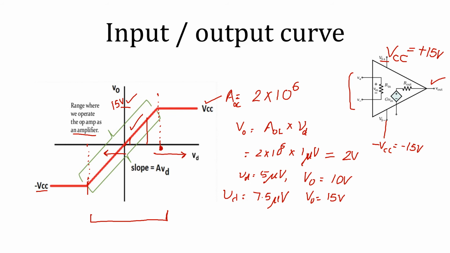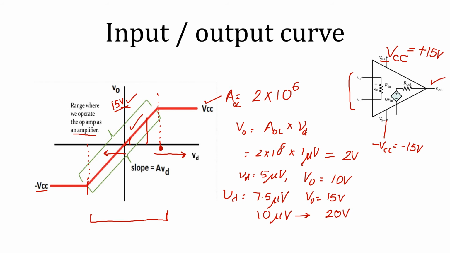If the input voltage is 10 microvolt, theoretically the output should be 20 volt, but it is not possible. I've already told you that the maximum output it can give you is 15 volt.